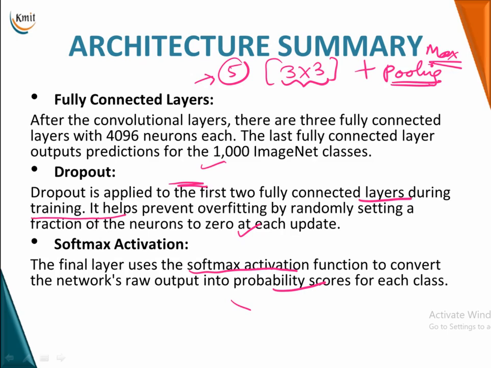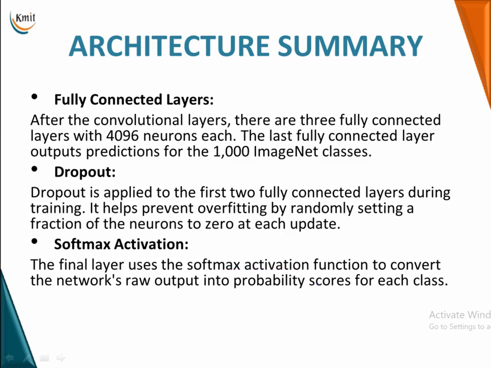After this comes our normal dense layers. After the convolutional layers, there were 3 dense layers, each with 4096 neurons, because of course the number of categories is high. It was a 1000-object classification, so the output layer, the last dense layer, has 1000 neurons for the 1000 ImageNet classes, and the activation is softmax. Because the model was found to overfit, a dropout layer was used as regularization, applied to the first 2 fully connected layers.